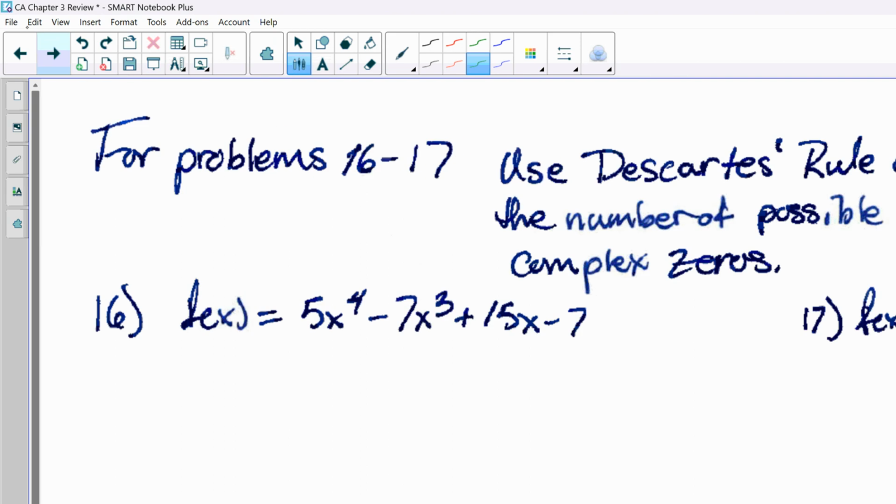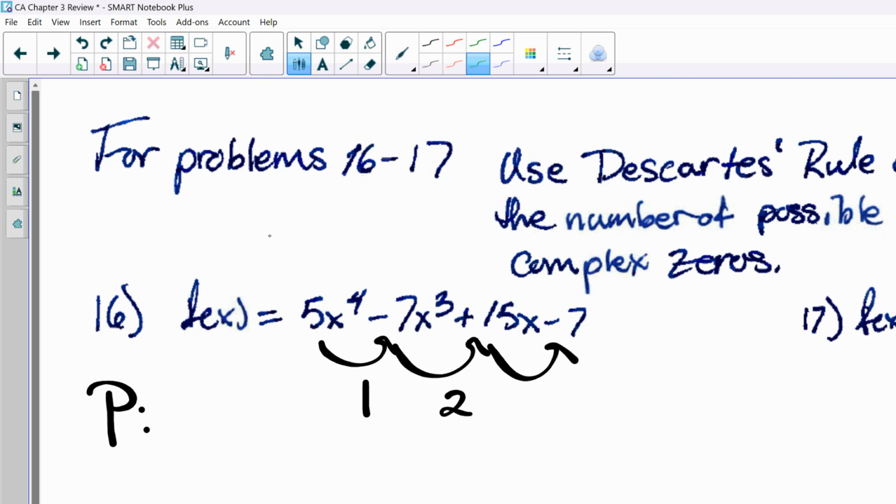Use Descartes' rule of signs to determine the number of possible positive, negative, and complex zeros. So when we do this here, we're counting the number of sign changes. For the positive case, we can just count the number of sign changes as we have it here. From 4x to the third, we do have 1. From x cubed to x, we have 2. And from x to our constant, we have 3.